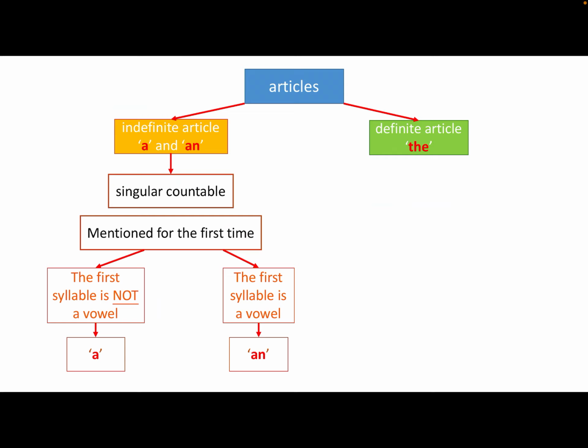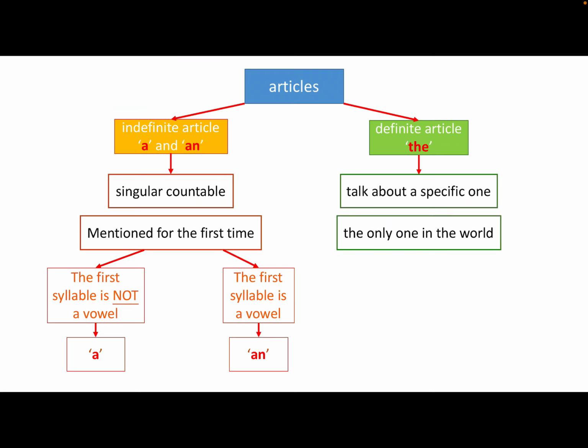What about the? As it is called the definite article, the is used when we are talking about a specific one. For example, when we have already mentioned the thing before, we use the to emphasize that it is not another of the same kind, but the exact one that I have been talking about. For example, I have bought a dress. The dress costs $300.